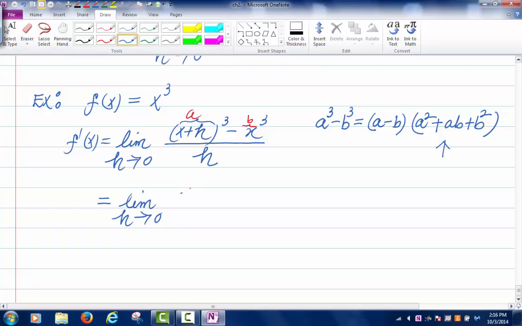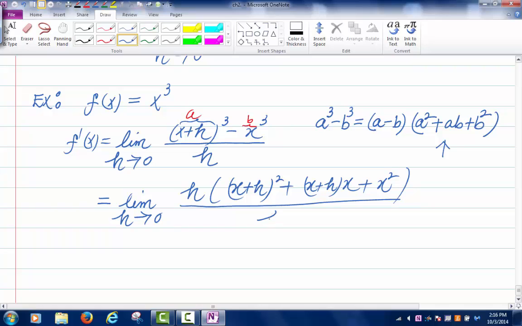A minus B would be the same as h, right? And then I'll be getting x plus h squared plus x plus h times x plus x squared, right? You agree with that? And divided by h, and then the h's cancel out, right?